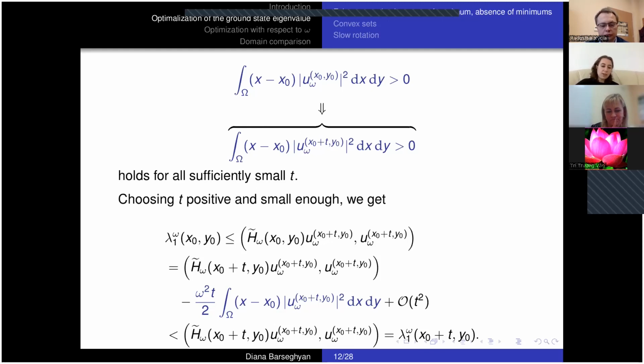The last line is the quadratic form of the operator H omega tilde at x0 plus t, y0 applied at its ground state eigenfunction, which is of course the ground state eigenfunction corresponding to x0 plus t, y0. So we have already proved the opposite inequality.